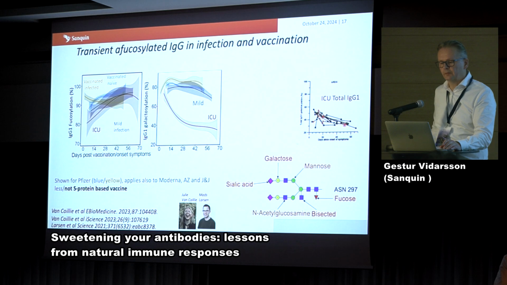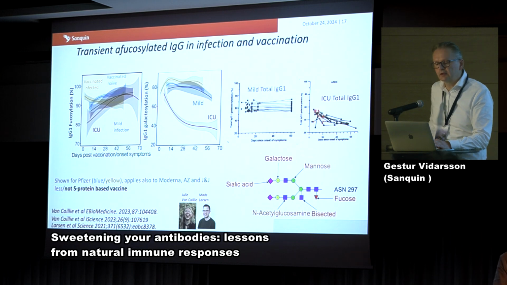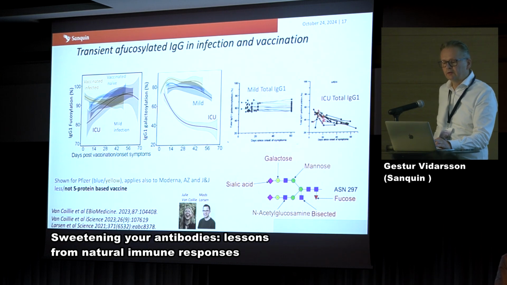Perhaps not to a similar degree, because this is going from 80 down to 30%, and this is mostly older individuals. I think it's from 60, 50 down to 40, 30% in time. But this is absolutely not happening if you have a mild course of disease, so galactosylation of total IgG is not changed.